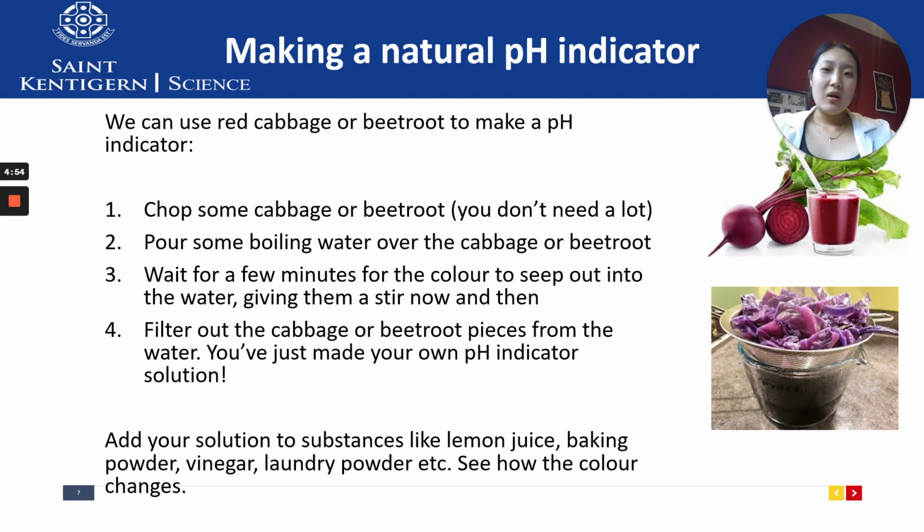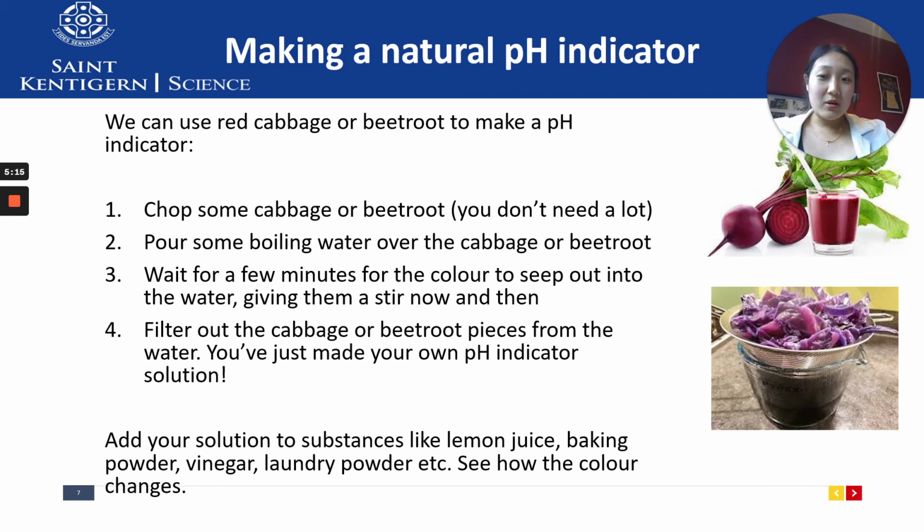Okay, so unfortunately, because we're not at school, we can't use the universal indicator, but we can make our own at home if you have red cabbage or beetroot. If you have some, you can try to make your own natural pH indicator.